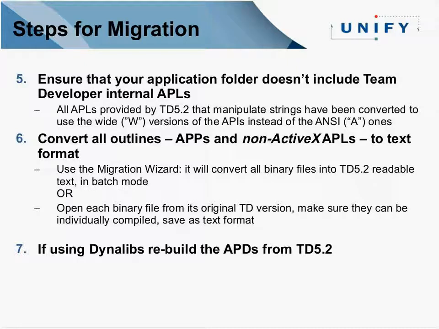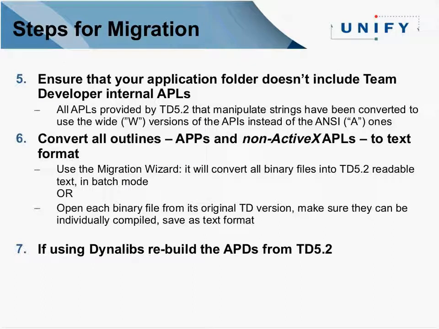This wizard is available when you install TD. If you go to our Windows program item, you will see the TD migration wizard there. So if you have a big application with many APPs, just go ahead and use the wizard to do the migration for you. All that you will do is save those application files in text mode.